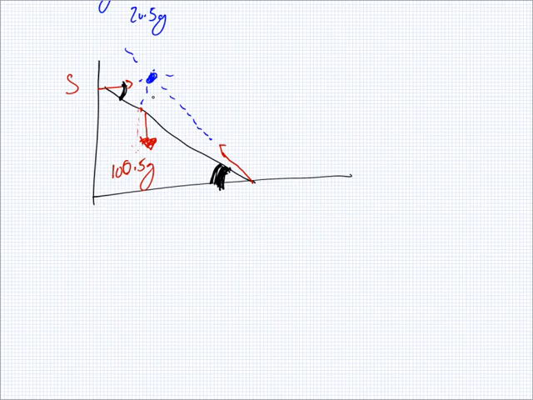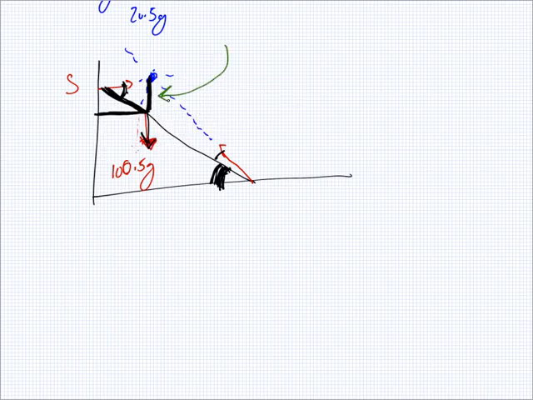What else do we know? Yeah, we know this length here, don't we? I really want to get this angle. Can we? I know this distance. Yeah, I have enough. Look.